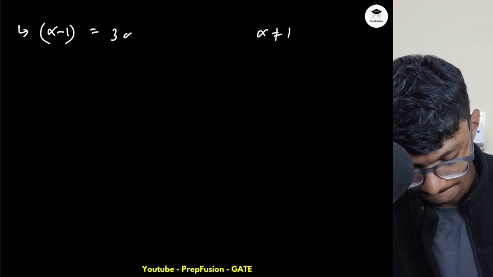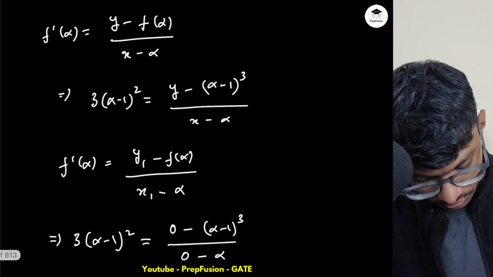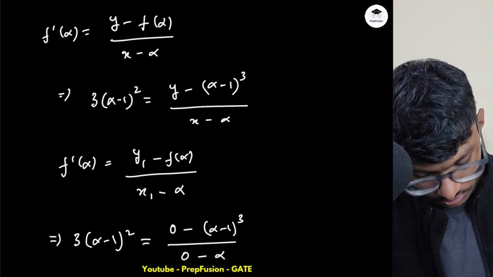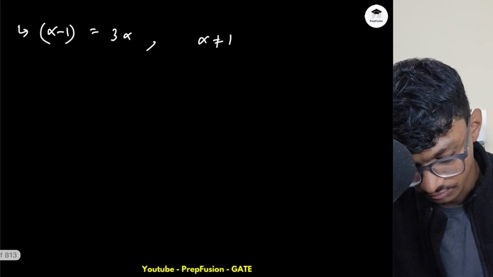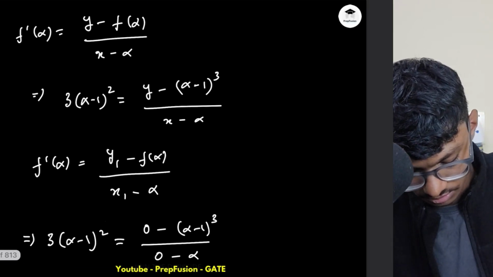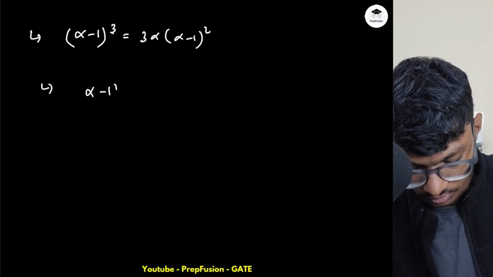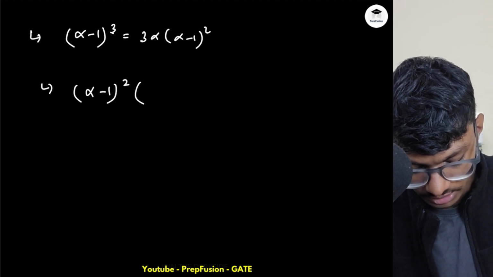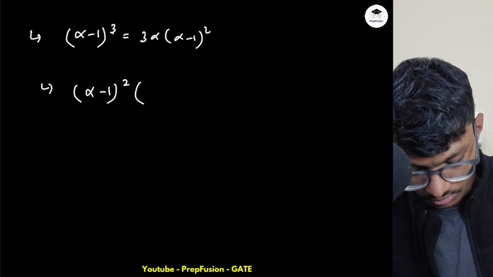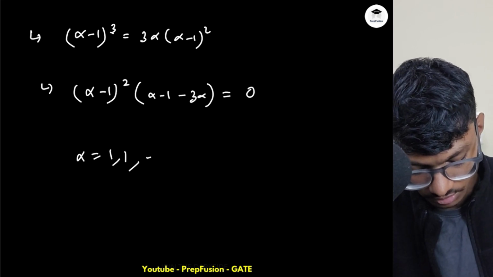Or, if you want to allow alpha equals 1, this is the best way: alpha minus 1 whole cube equals 3 alpha into alpha minus 1 whole square, and you can take alpha square as common. So this will be alpha minus 1 minus 3 alpha equals 0. So alpha can be equal to either 1 or minus 1 by 2.